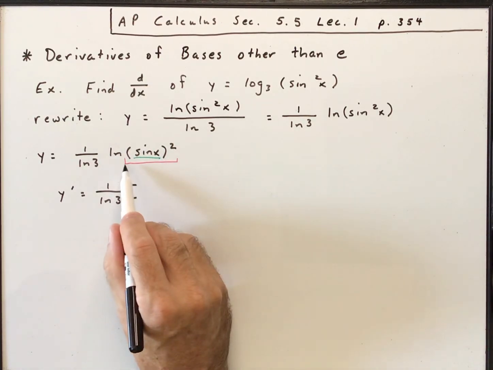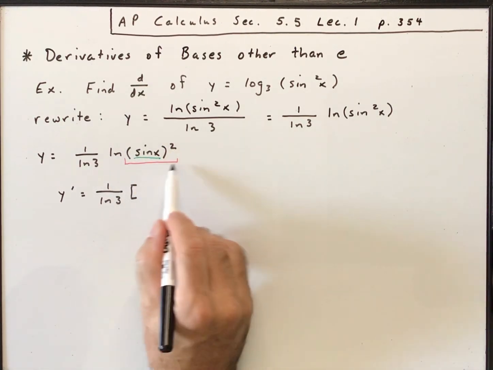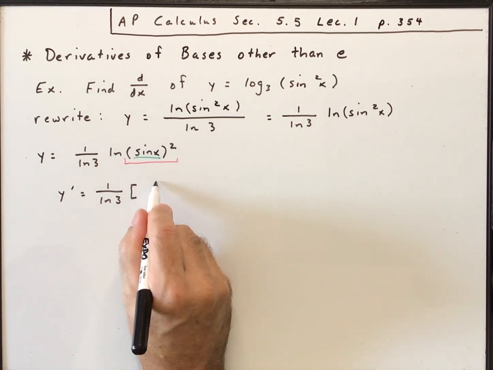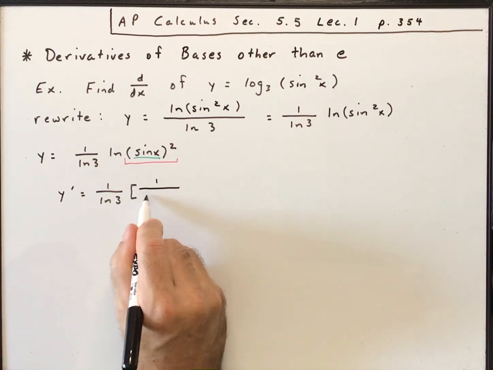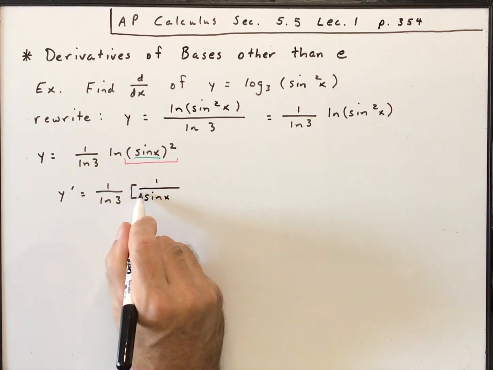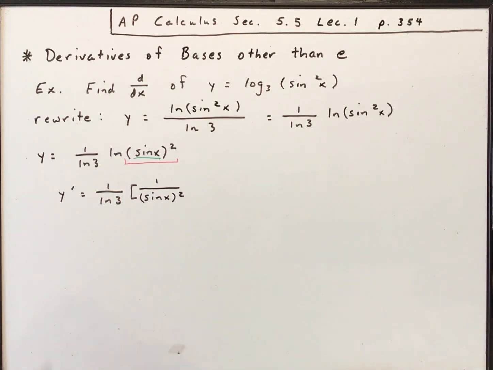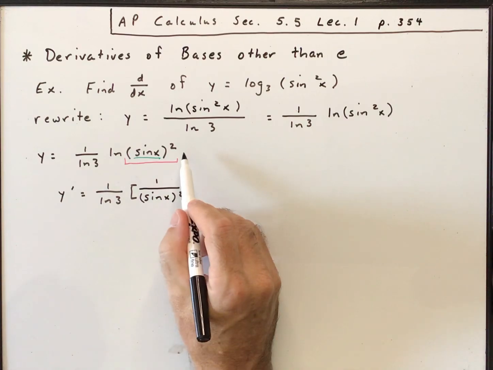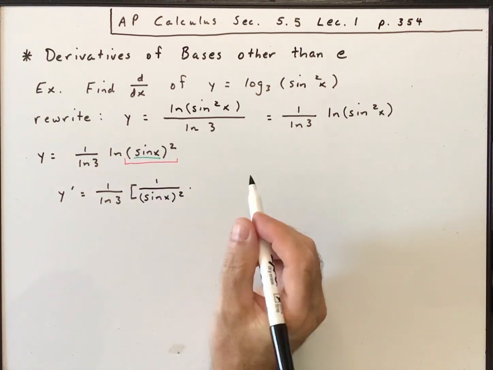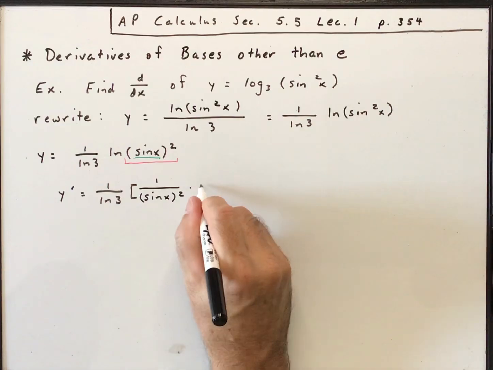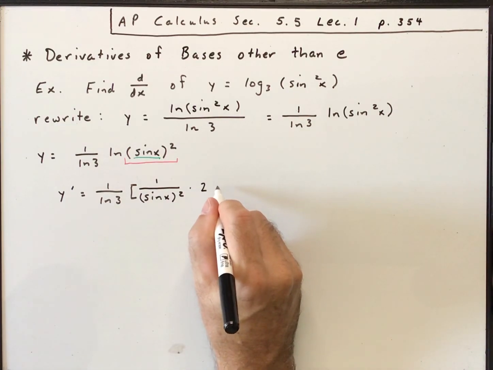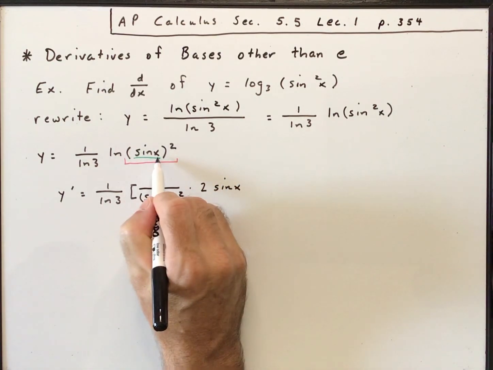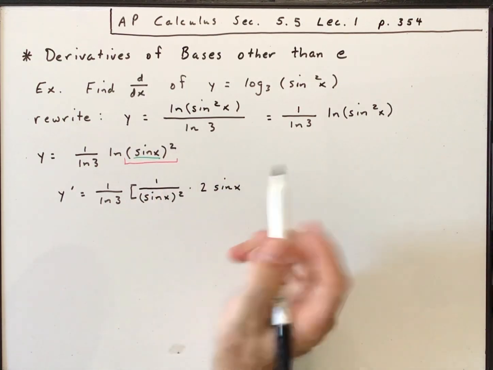Now, first of all, it's 1 over the entire expression. So the derivative of natural log of sine x all squared is going to be 1 over sine x all squared times the derivative of sine x all squared. So that's 2 sine x. So bring the 2 out front, 2 times sine x to the first power.